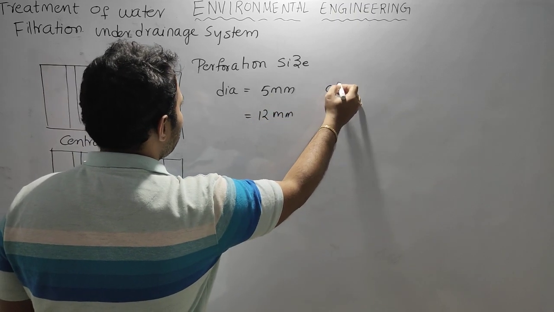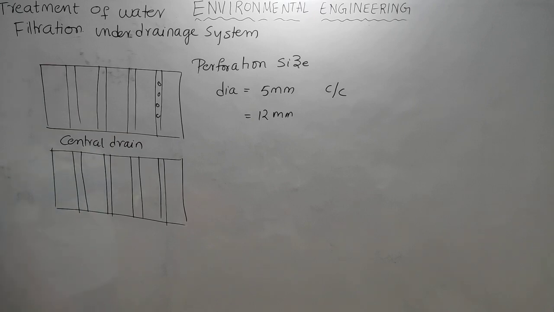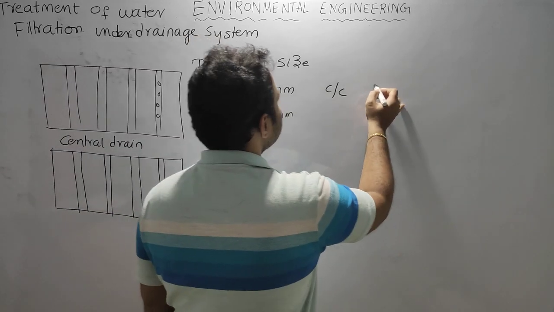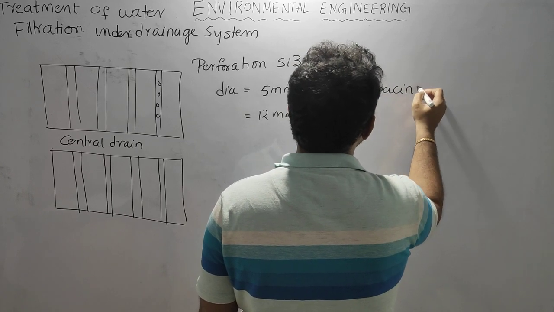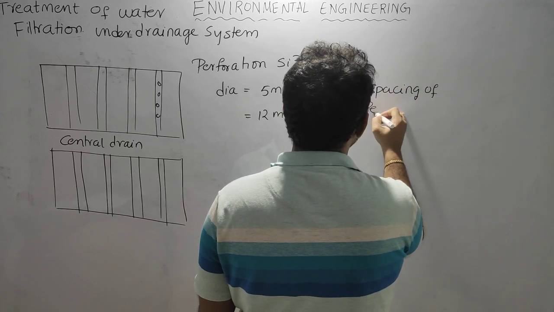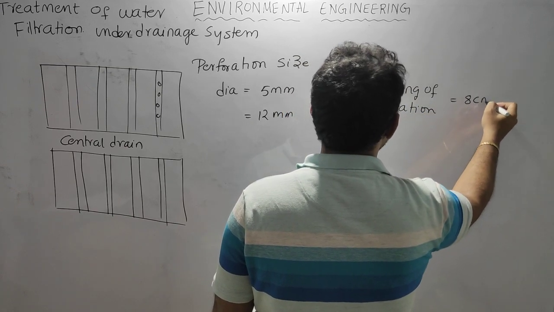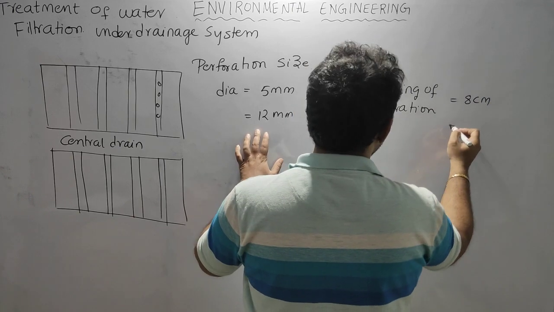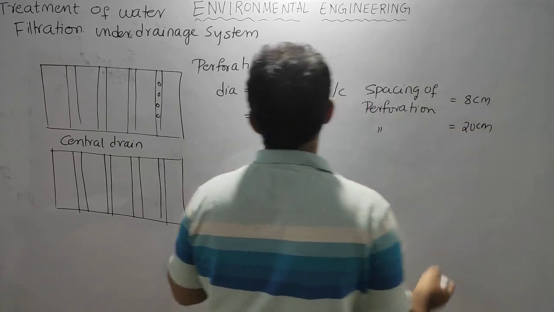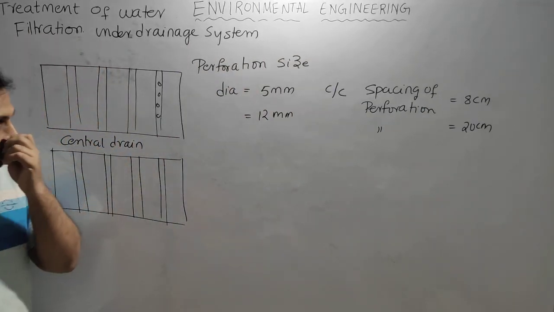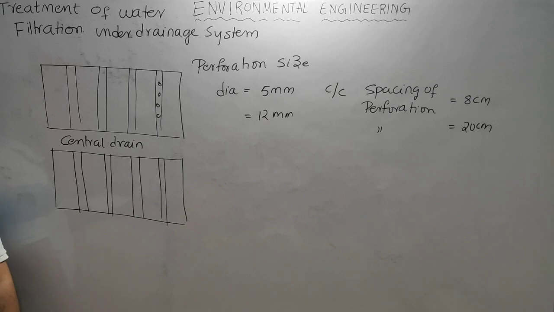If it is 5 mm, then the center to center spacing of the perforations should be 8 centimeters, and if it is 12 mm, it is kept as 20 centimeters.